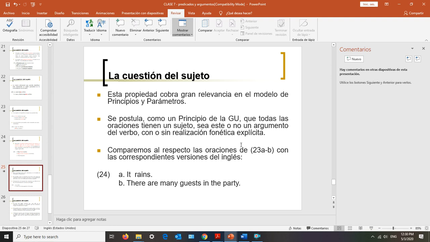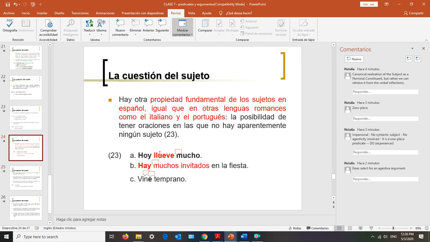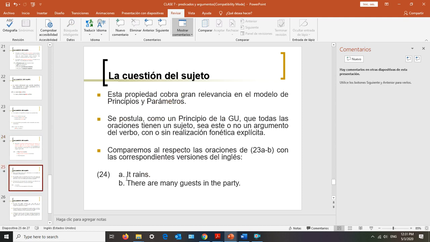So this is the realm in which Spanish and English really diverge. For in English, we have it rains, as opposed to llueve mucho hoy. Hoy and mucho are adverbials, but there's nothing equivalent to it that we do have in English.